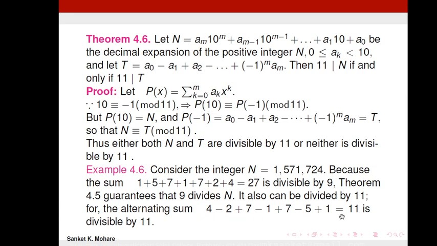This alternating sum is equal to 11, and 11 is divisible by 11. That's why this n is also divisible by 11. Hence 9 divides n and 11 divides n. While writing the alternating sum, you have to choose a_0 from the unit place, then a_1, a_2, like this.